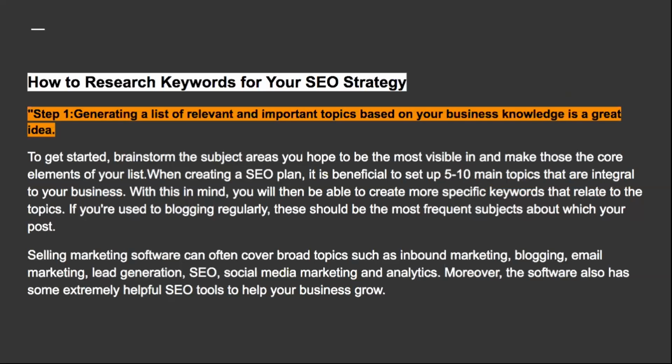To get started, brainstorm the subject area you hope to be most visible in, and make those the core elements of your list. When creating an SEO plan, it is beneficial to set up 5 to 10 main topics that are integral to your business. With this in mind, you will then be able to create more specific keywords that relate to the topic.